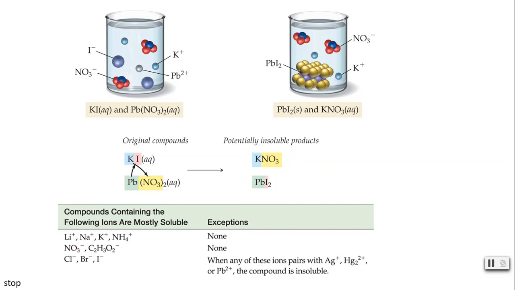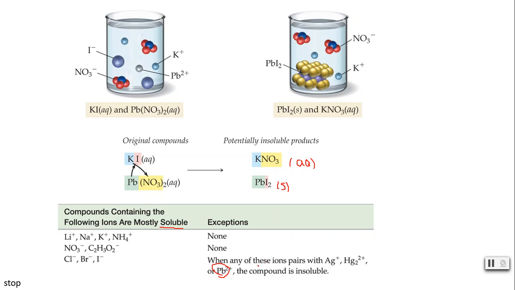So I see that under nitrates there are no exceptions, so all nitrates are soluble, and things that are soluble are going to be aqueous. And I see iodide is also under the mostly soluble, but there's the exception of lead. So that lead 2 iodide is insoluble.